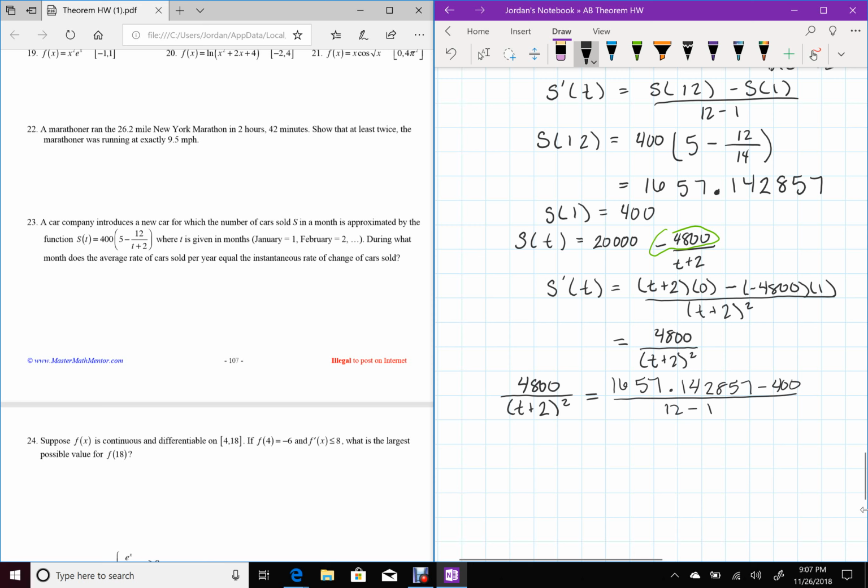Slide that into our calculator to get a numeric answer instead of having to sit around and hate life in general by crunching those numbers. And we get that it equals 114.2857143.